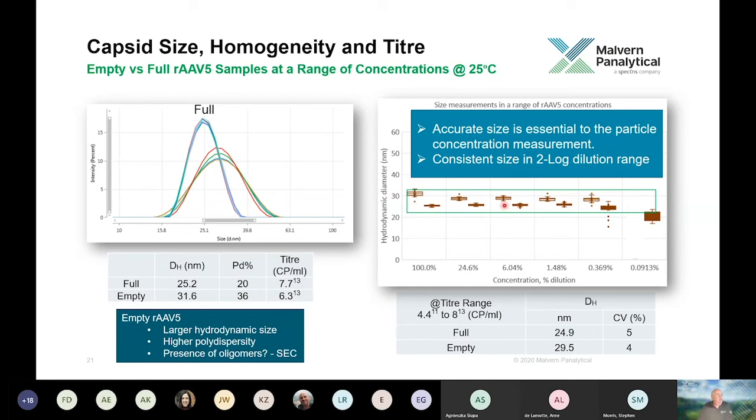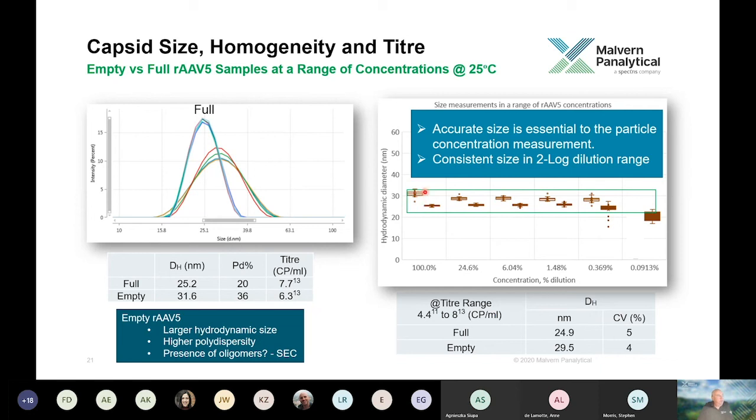On this one, what we're illustrating is how accurate the size is as a function of dilution of the AAV sample. So we're changing the concentration of that AAV quite significantly. The size ranges that we're getting are very consistent.